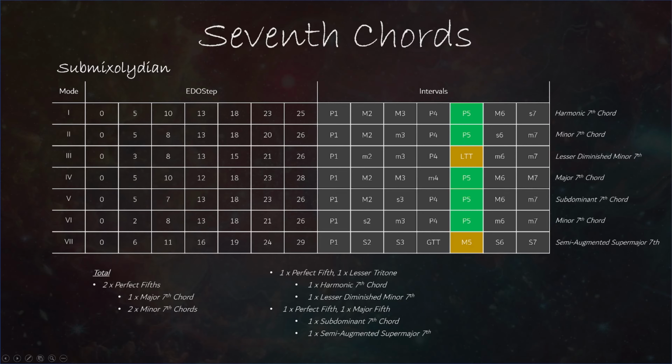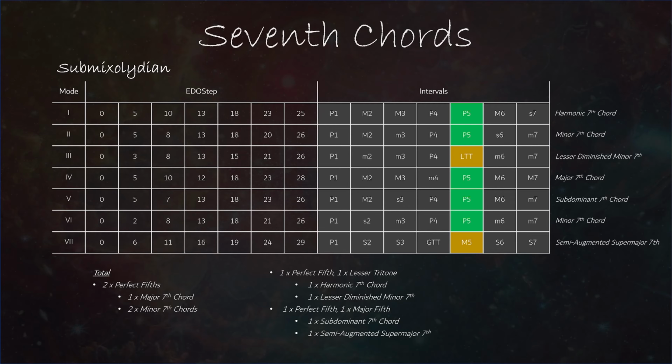So to summarize, in submixolydian, we have three seventh chords which have two perfect fifths in them. So we have two minor seventh chords and one major seventh chord. Then we have two chords which both have a perfect fifth and a lesser tritone in them, and that would be the harmonic seventh chord on the first scale degree and the lesser diminished minor seventh chord on the third scale degree.